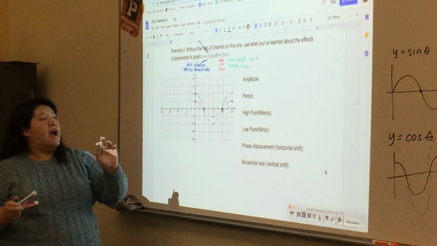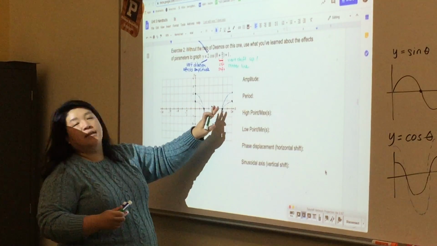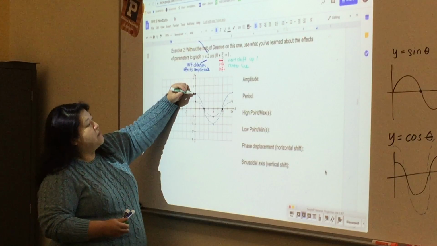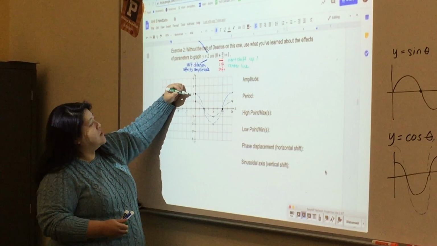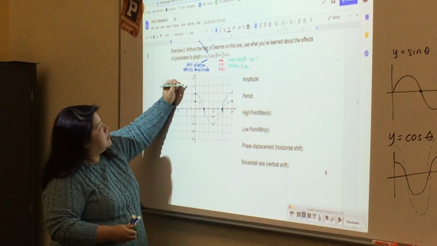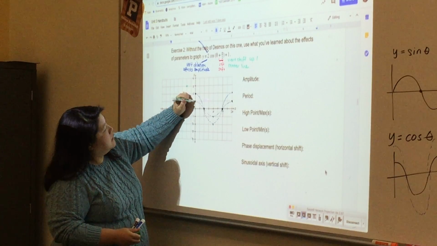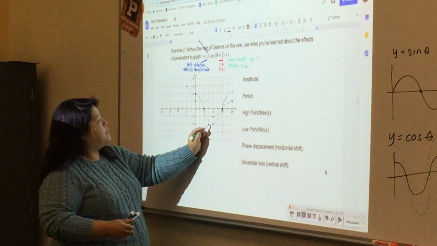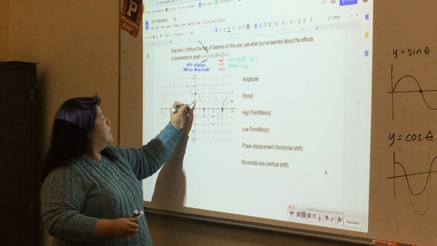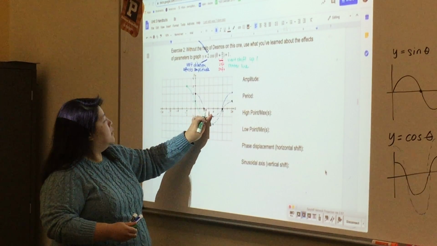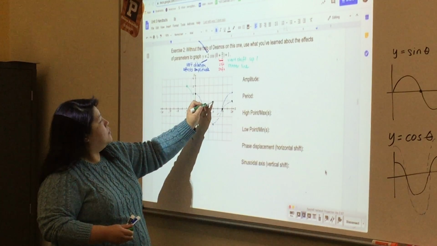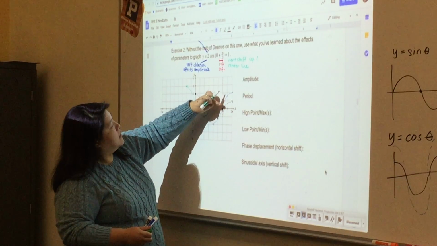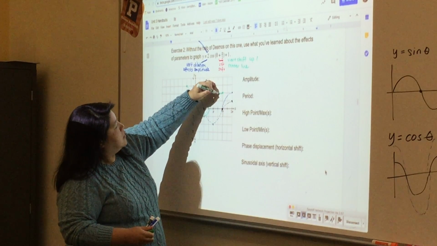So I'm going to take my blue graph. If you want, erase the original, just if it's too cluttered for you. So my blue graph, which has been stretched, goes left 2, up 1. Left 2, up 1. Left 2, up 1. And then left 2, up 1.